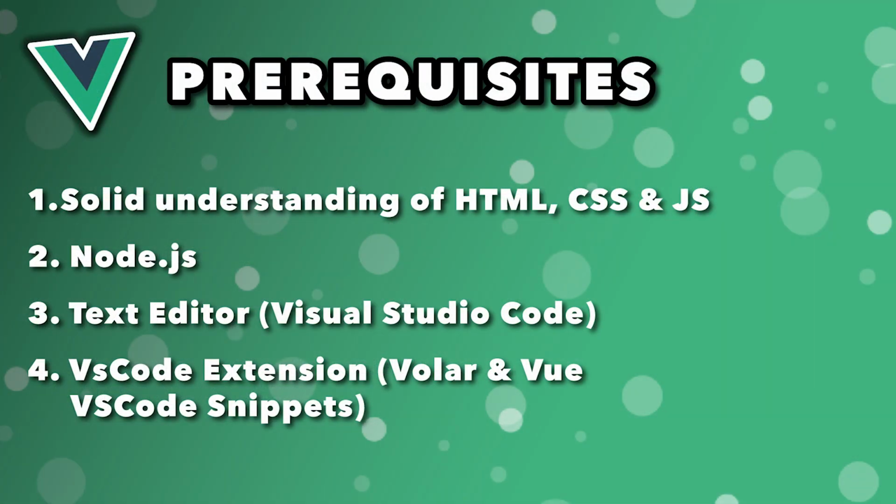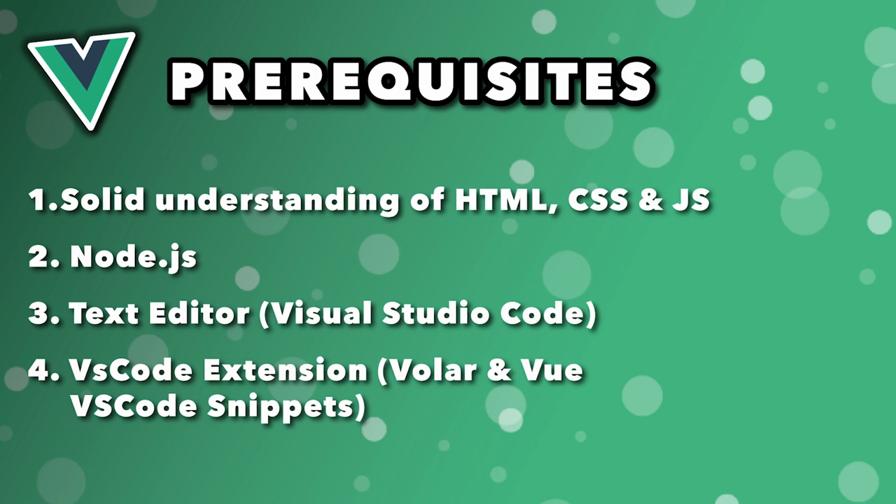Before we get started, I want to cover a few prerequisites. First, you should have a solid understanding of HTML, CSS, and JavaScript before diving into any front-end framework. If you don't, I'd highly suggest coming back to this video at a later time once you have those fundamentals down. For this crash course, we're going to be using Node to scaffold out a new Vue project using the official Vue build tool.